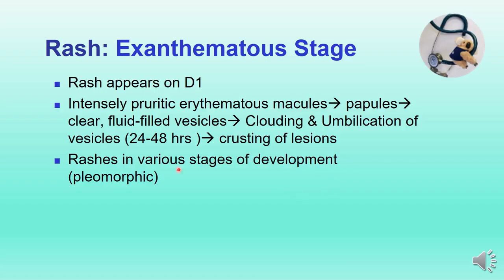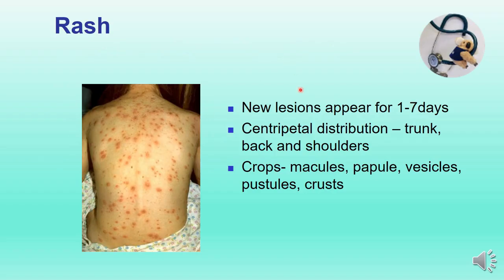So this is known as a pleomorphic rash, and these rashes are intensely pruritic. New lesions appear for 1 to 7 days, and the distribution of rash is centripetal. That means it starts from the trunk, back and shoulders, then it spreads to the hands and face or extremities.